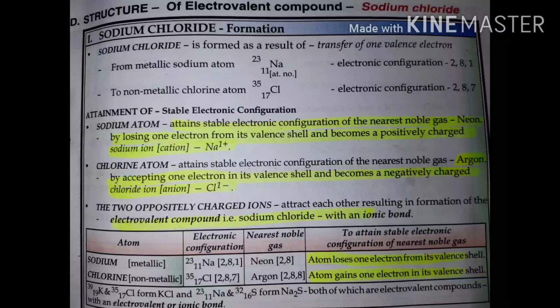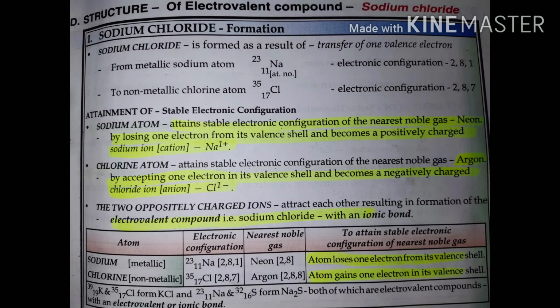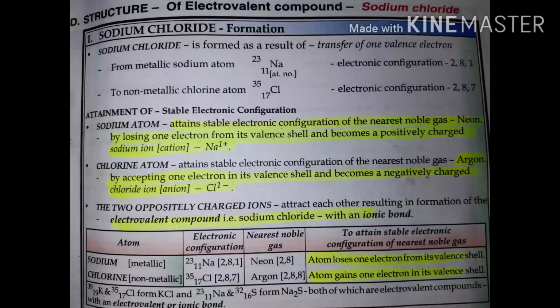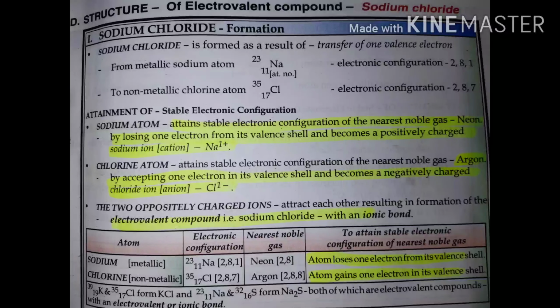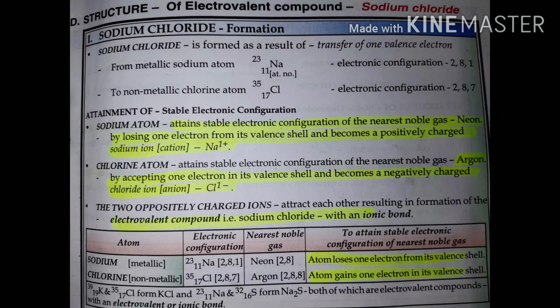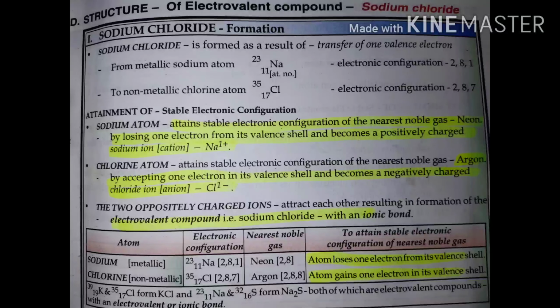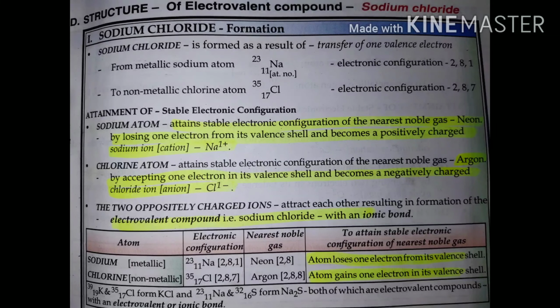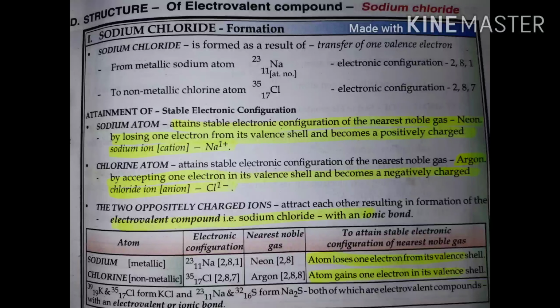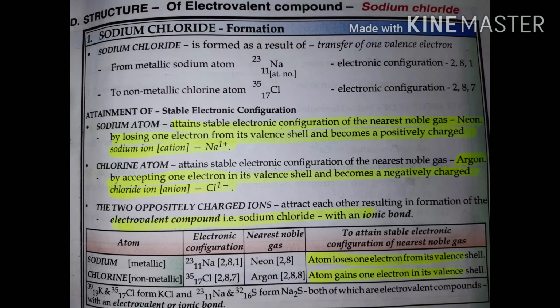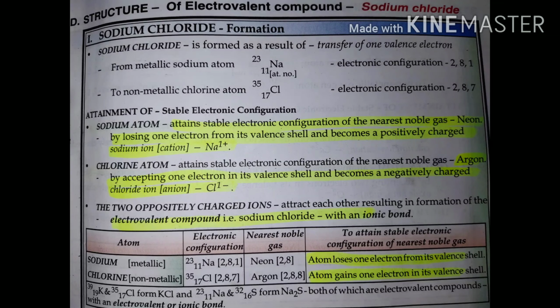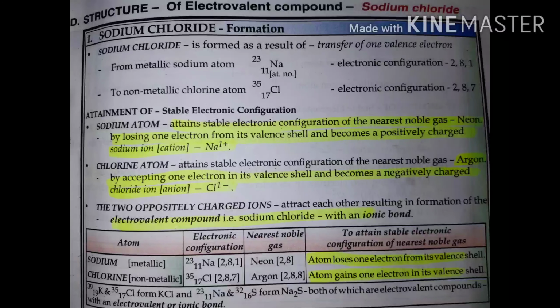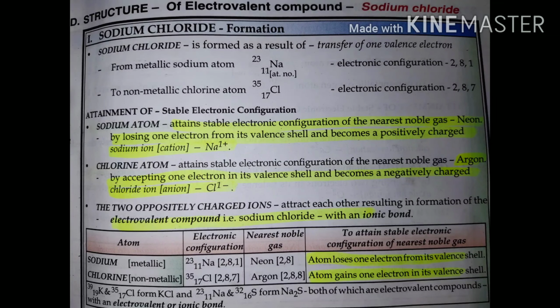In the fourth point we will see what happens with the chlorine. Chlorine has electronic configuration 2, 8, 7, and therefore it tries to attain the nearest noble gas electronic configuration like argon, which has electronic configuration 2, 8, 8. Therefore it accepts one electron into its outermost shell, attains the configuration 2, 8, 8 and gets converted into chloride ion, which is Cl-.